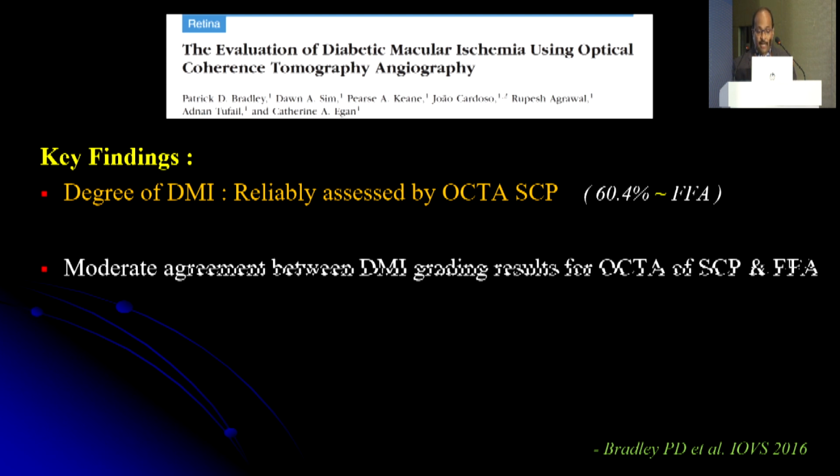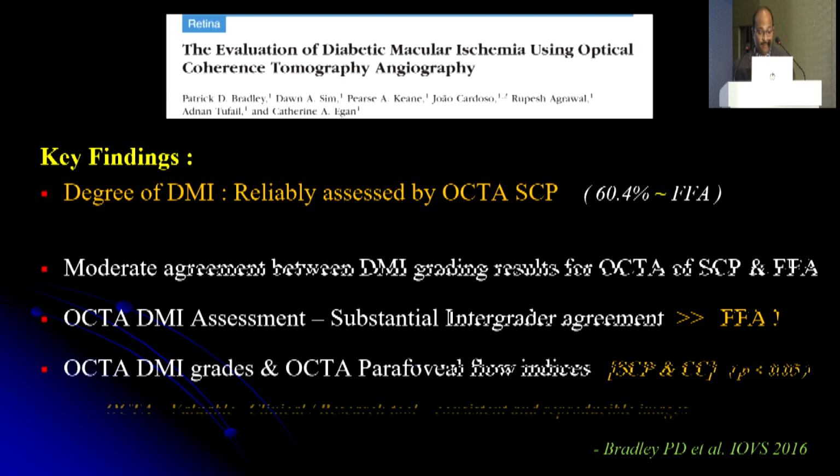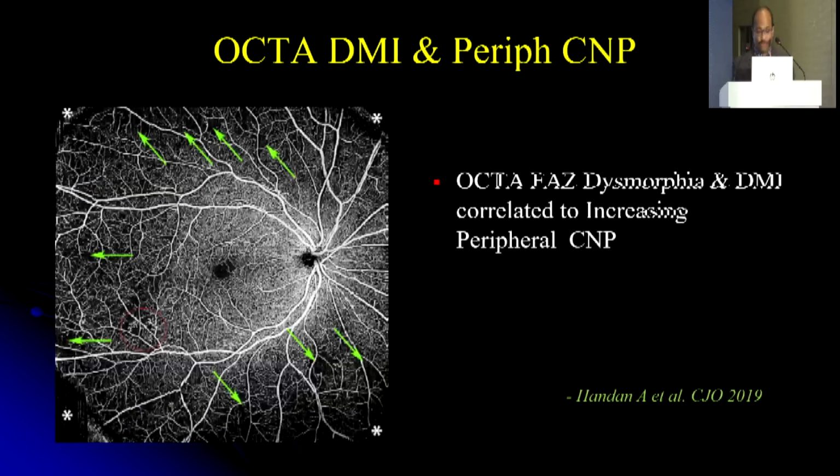And there was moderate agreement between DMI grading results for OCTA of SCP and FFA. And for OCTA DMI assessment, there was much better, substantial intergrader agreement than with FFA. So the different readers had greater agreement between them for OCTA. And OCTA DMI grades correlated very well with the OCTA parafoveal indices also.